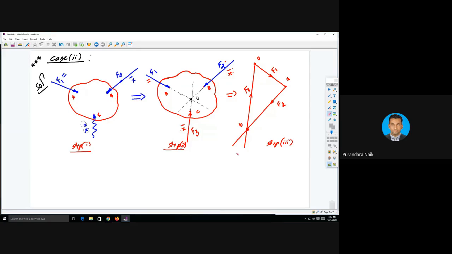Same order, full stop. So that is the end of the second case. Next is note.